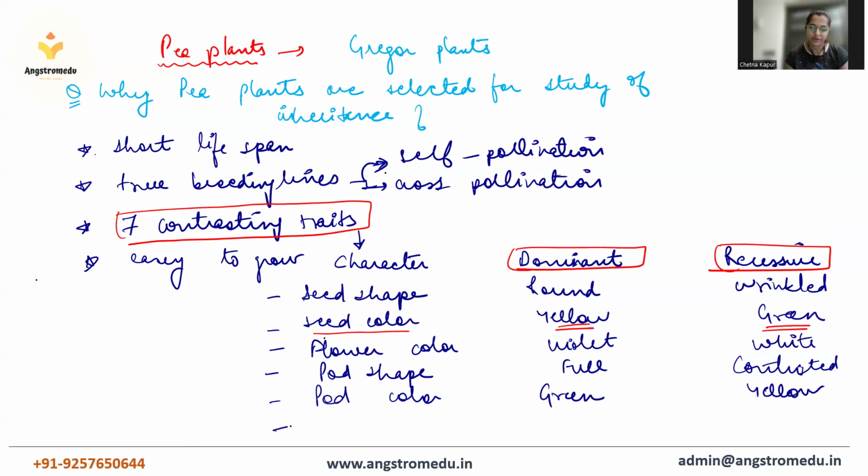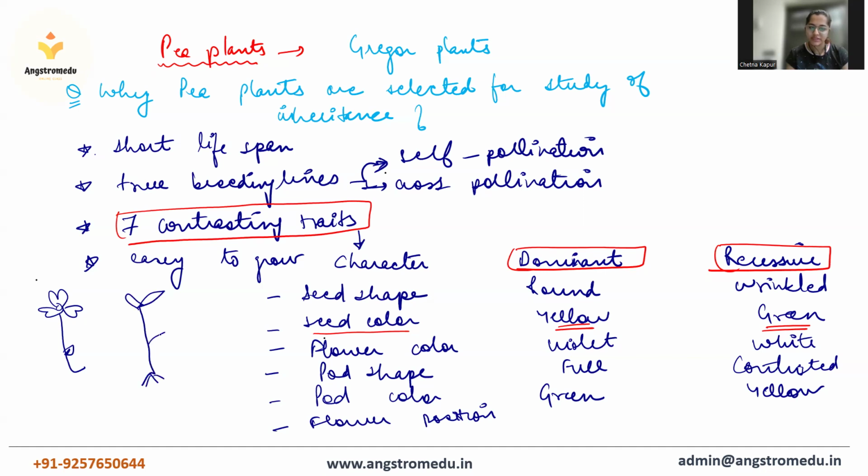So these are the things that you need to consider. Then there is the flower position. Flower position means the flowers are positioned axially. Axial means, let me draw one example. Terminal means at the top of the stem, where the flowers are growing. If it is like this, these are the leaves, this is the stem, and these are the roots.